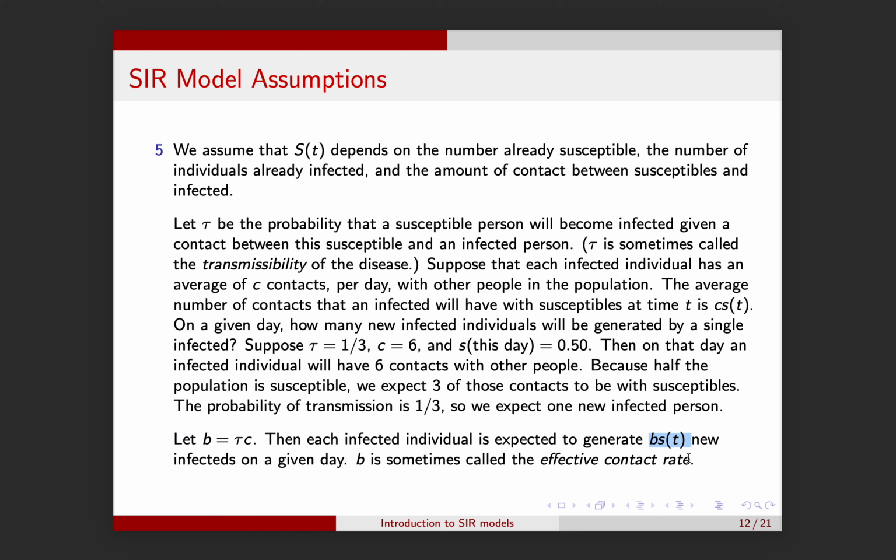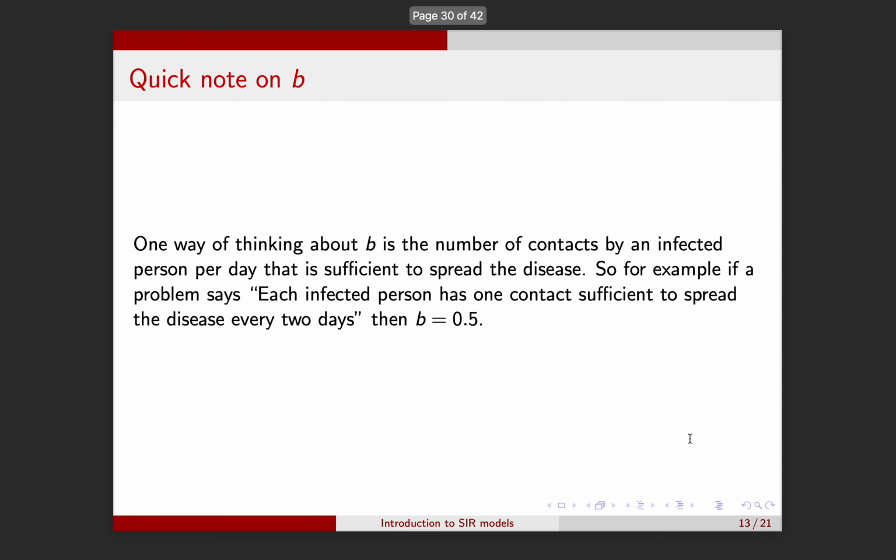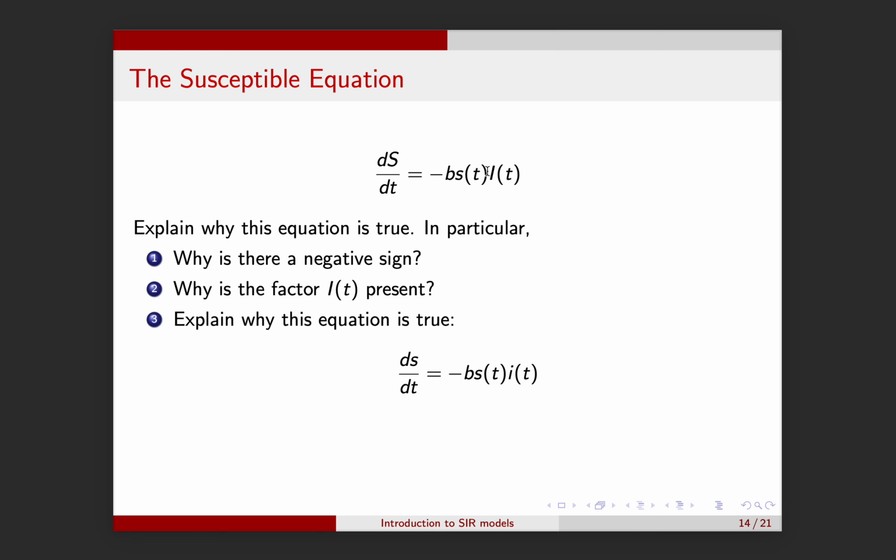So if there are like 10 sick people in the population, you'll have 10 times this, more new sick people on a given day. So here's the number of infecteds. Each one of these gives you this many new infecteds. So every single day, this many people leave the susceptible population.